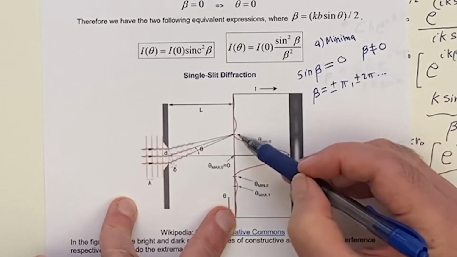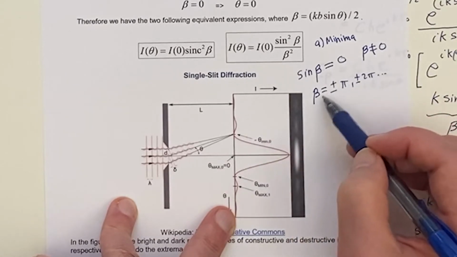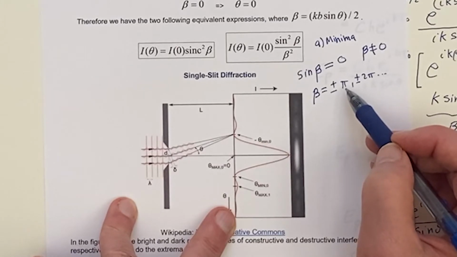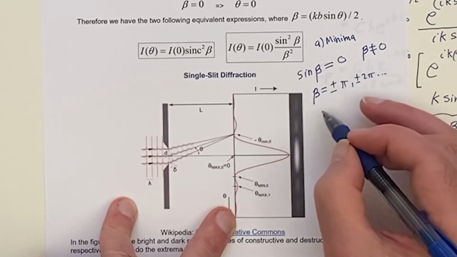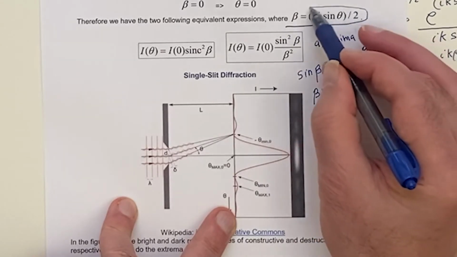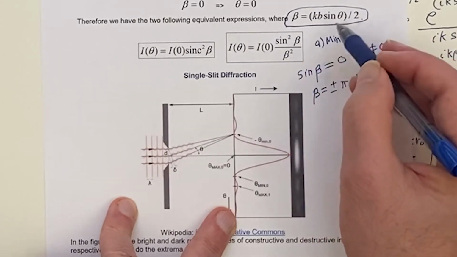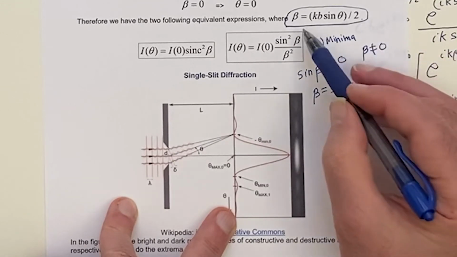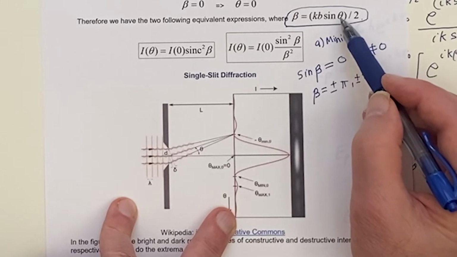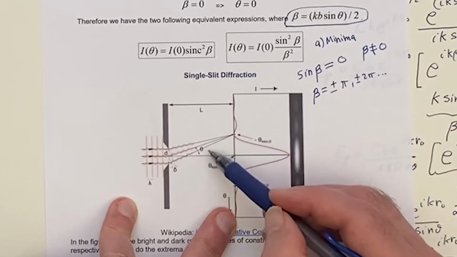That's going to occur when beta is plus or minus pi. Now remember, you just have to be careful that beta is a function of theta. So when this is plus or minus pi, then you have to go in and find what the actual angle is, this angle here.